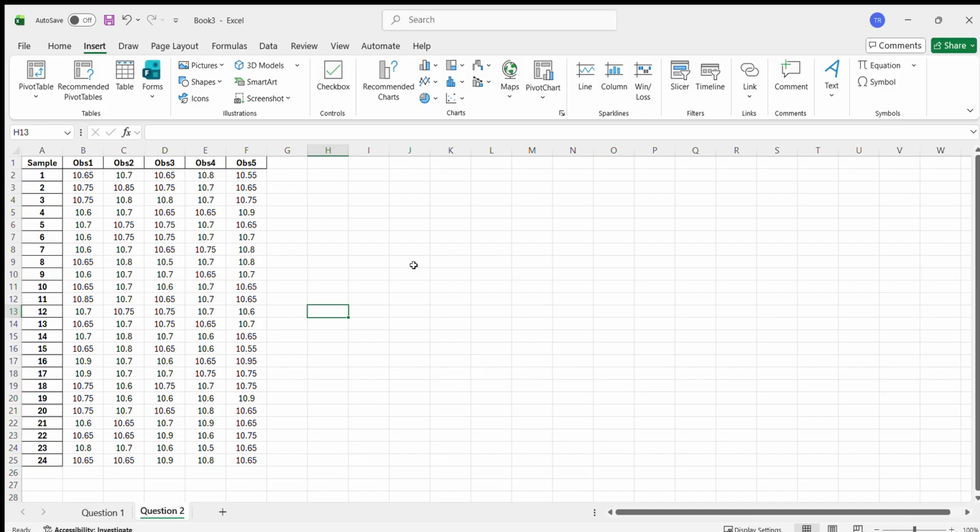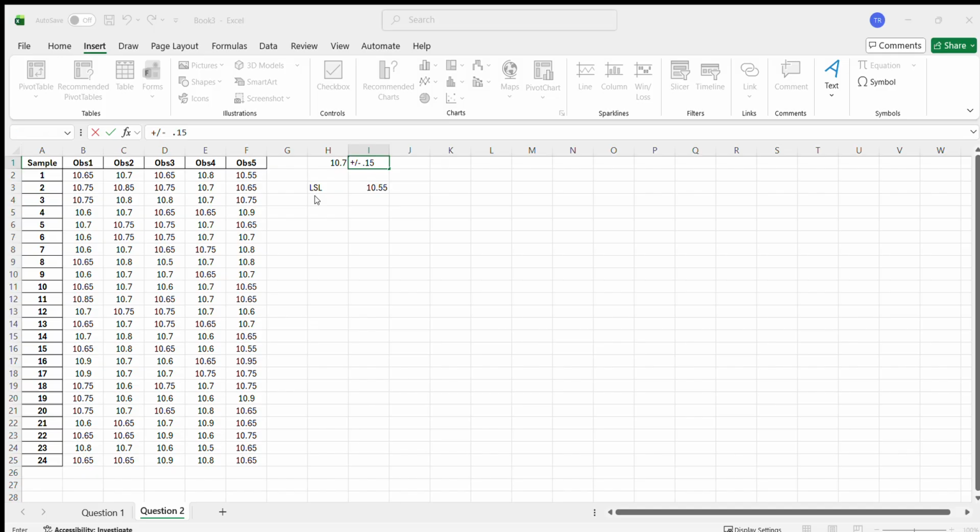So first, I'm going to find the LSL, which is the lower specification limit. That is 10.55. If you go to this correctly, we are at 10.70 plus/minus 0.15.